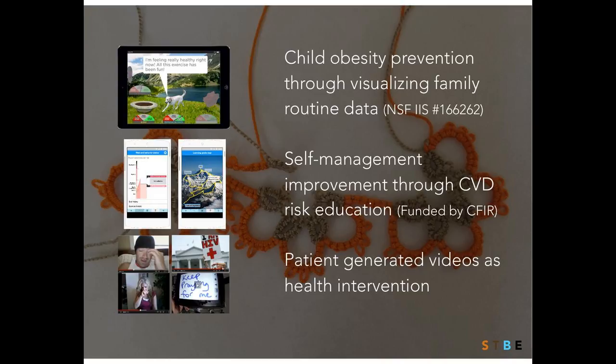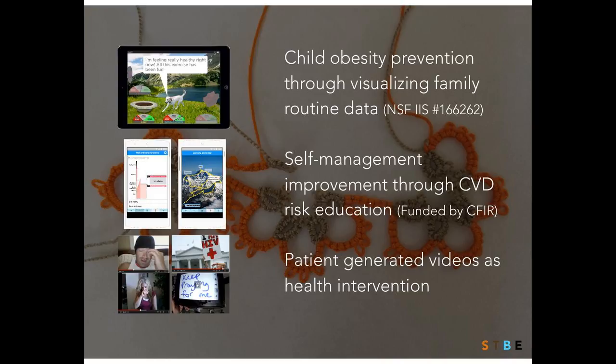I'm also working on another mobile health project to show patients who are at risk for diabetes and heart disease how their day-to-day activities, including food, are going to impact their 10-year CVD risk. We're showing real-time updates of the risk change according to the kinds of diet choices that they make.